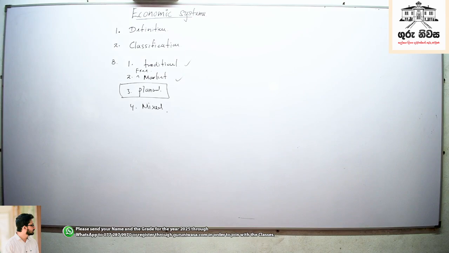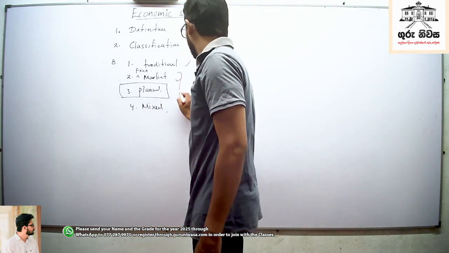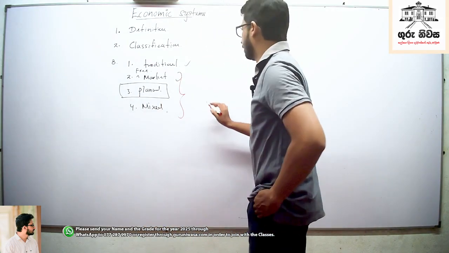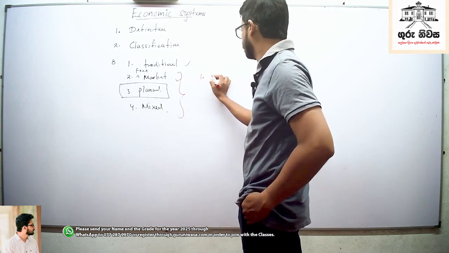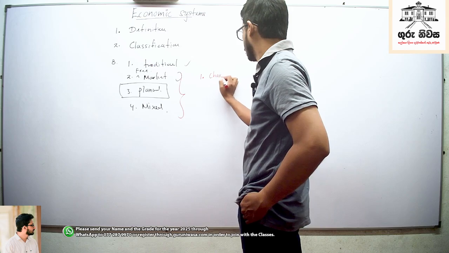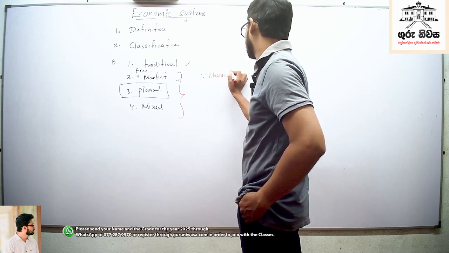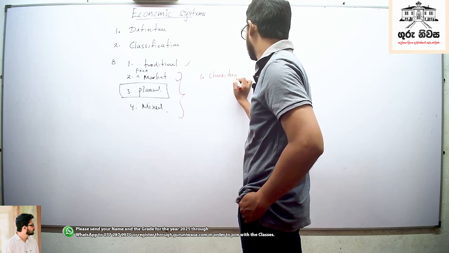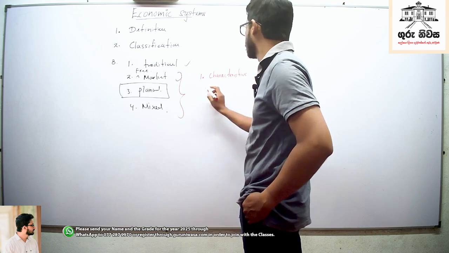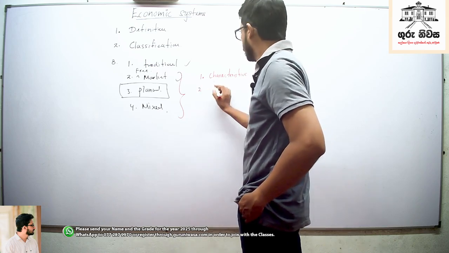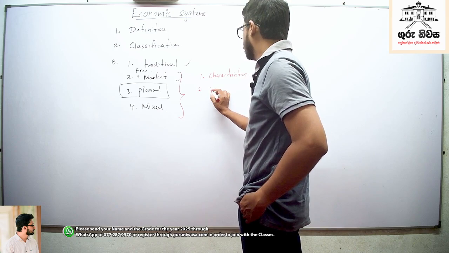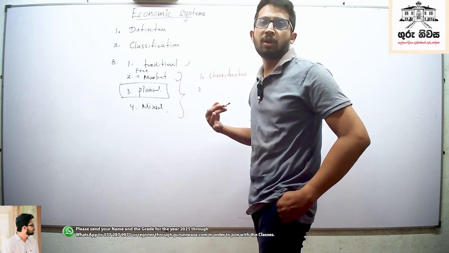For every economic system, these three basically, you should remember: number one, characteristics or properties. Second one is how to solve basic economic problems.